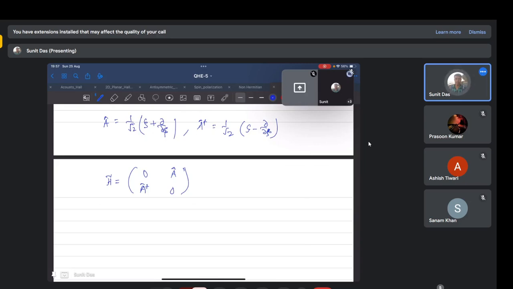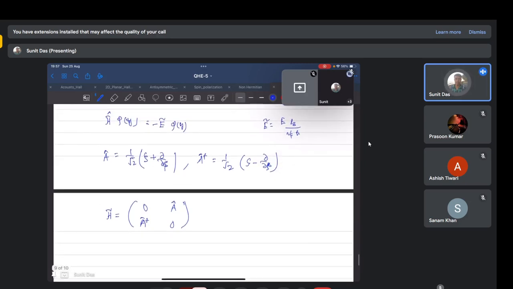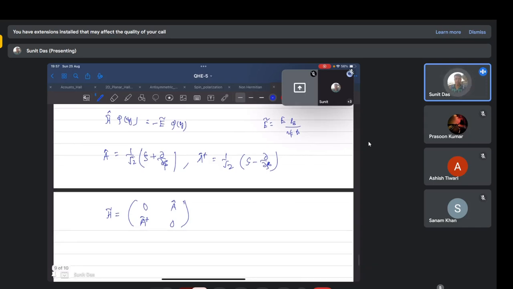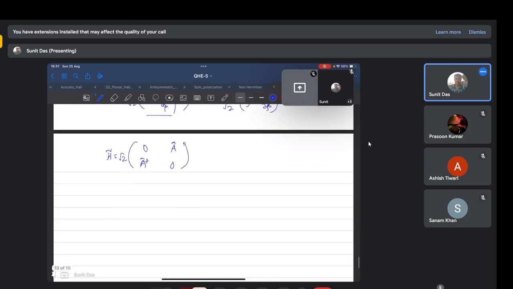But the only thing is that there will be 1 by root 2 here, or the other way around. Let me see. I have introduced 1 by root 2 in the xi and del xi, so there will be root 2 here actually, right? And if you do the commutation relation, you'll find that this a and a dagger operators follow this commutation relation.